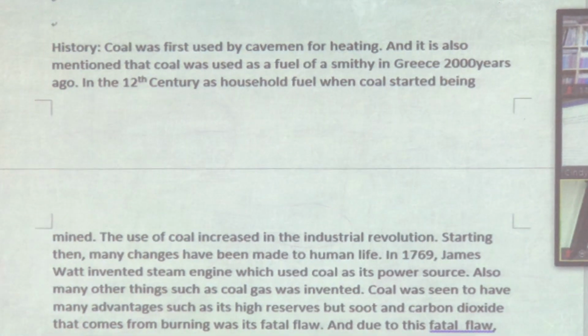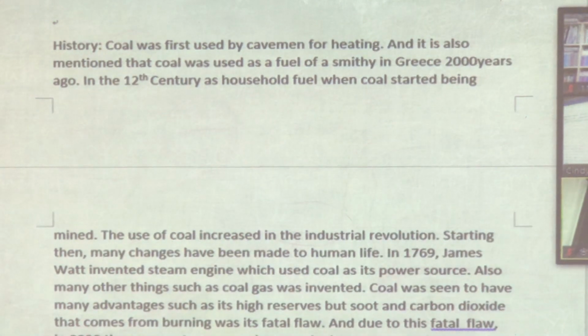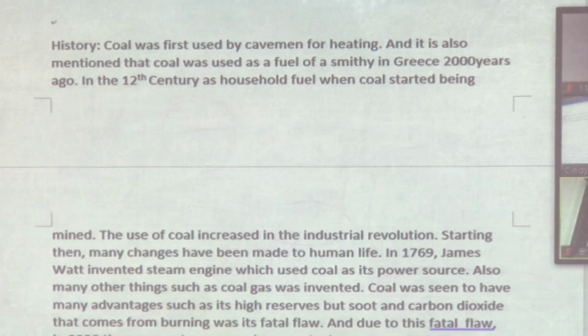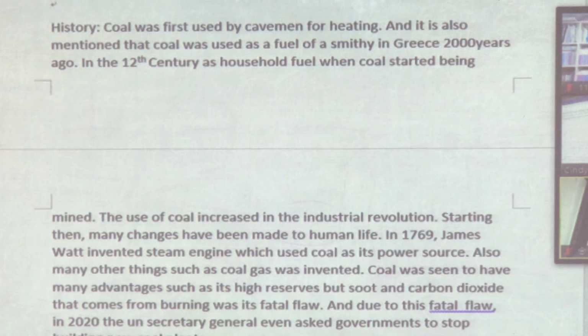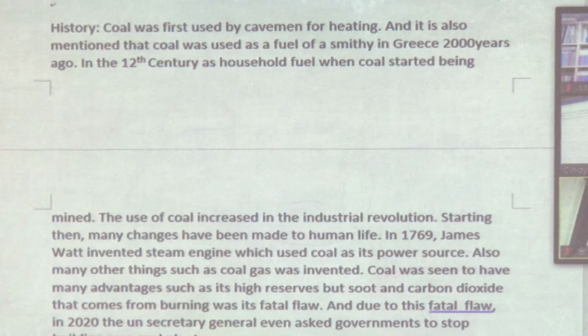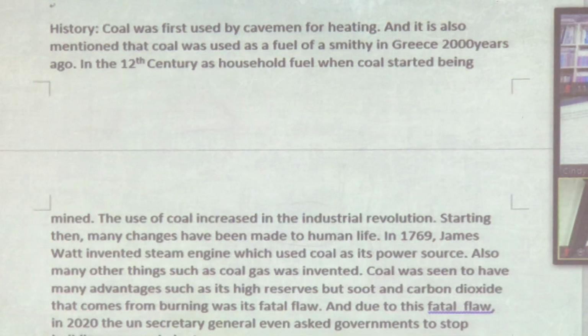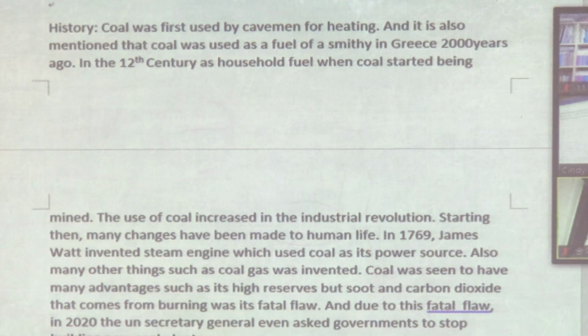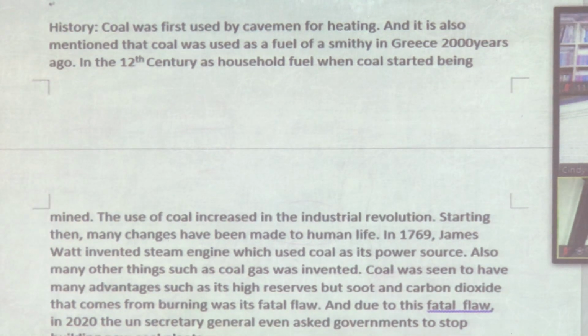In 1769, James Watt invented the steam engine, and the steam engine used coal as its power source. Also, many other things such as coal gas were invented in the UK, and coal was seen to have many advantages, but it also had high reserves, but its soot and the carbon dioxide that came from burning coal was its fatal flaw.